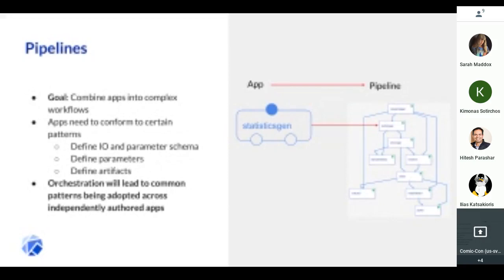Because of that, the orchestration layer is in a position to define certain patterns, let's say, for defining your inputs and outputs. And there's an incentive for component developers to adopt these patterns so their applications can be easily orchestrated into larger complex ML workflows.